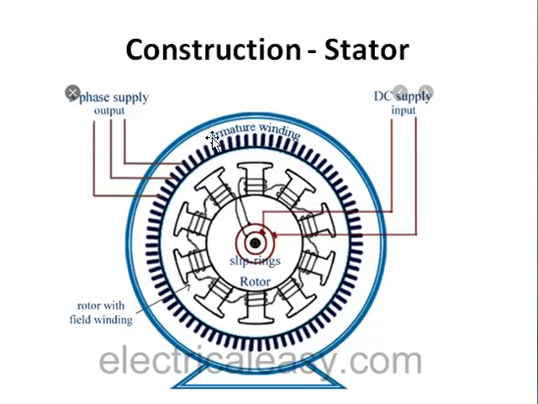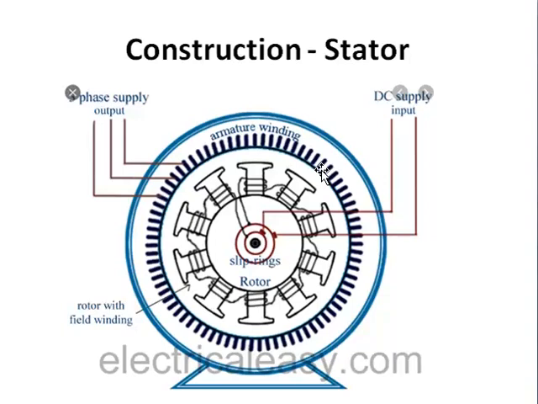And what we have on the stator: the stator is a stationary part of the machine, and it is built up with sheet steel laminations having slots on its inner periphery. You can see these are slots on the inner periphery. A three-phase winding is placed in these slots and serves as the armature winding of the alternator.